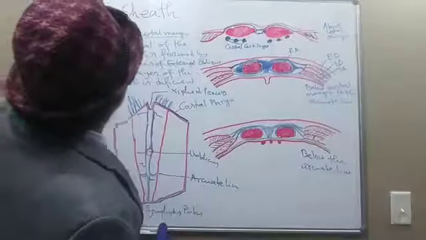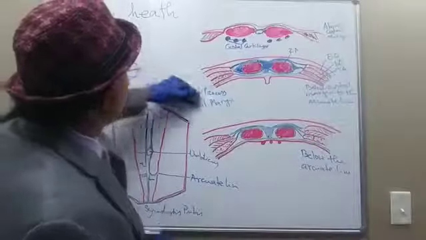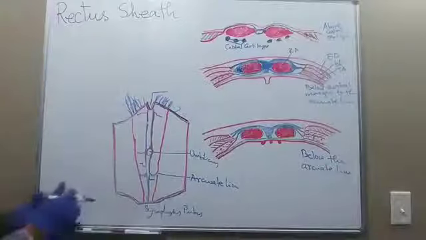Now we have to know the rectus sheath formation between the costal margin and the arcuate line.